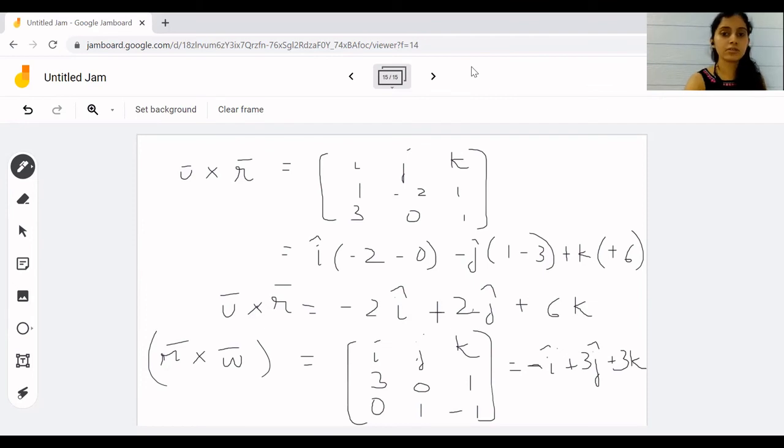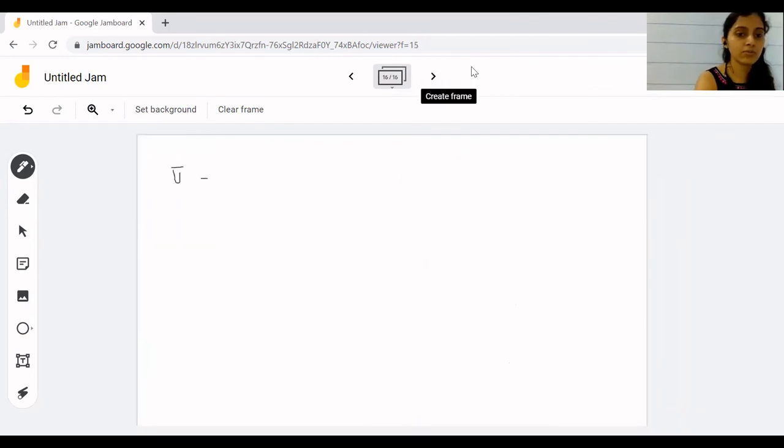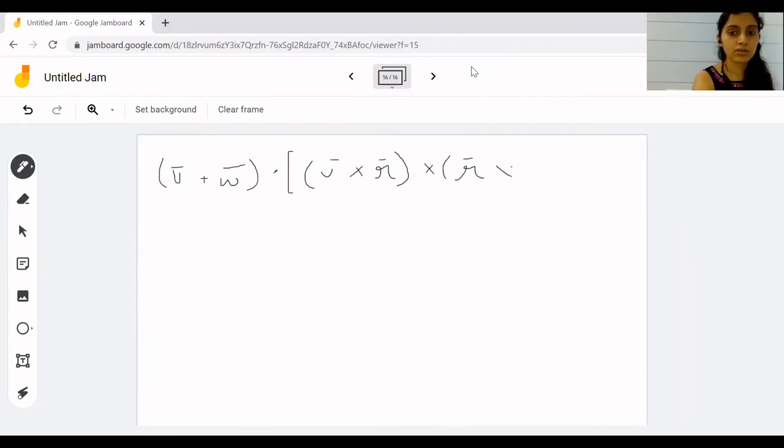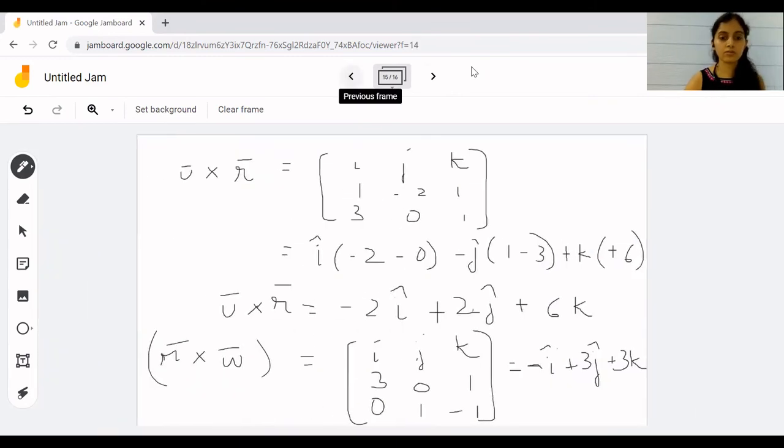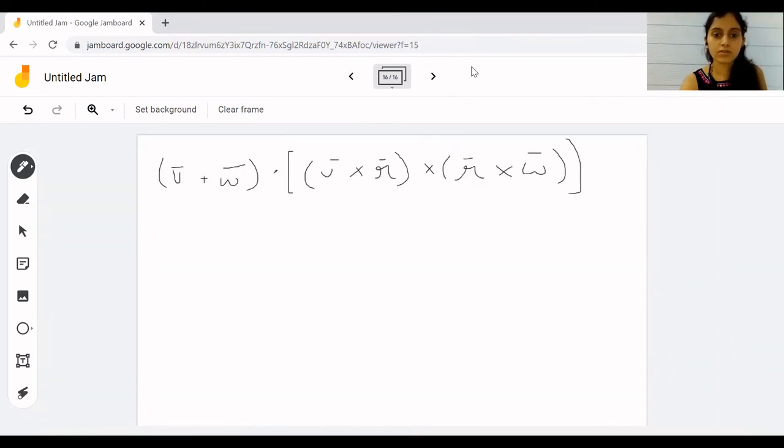Now we are going to take the scalar triple product. So U bar plus W bar dot bracket U bar cross R bar cross R bar cross W bar. Okay, this is the scalar triple product, which is equal to basically the box product of all the three vectors.